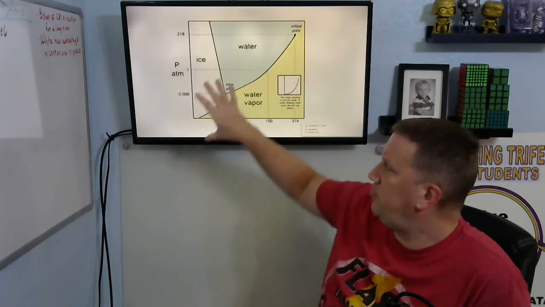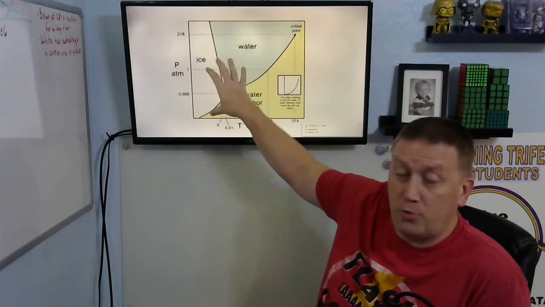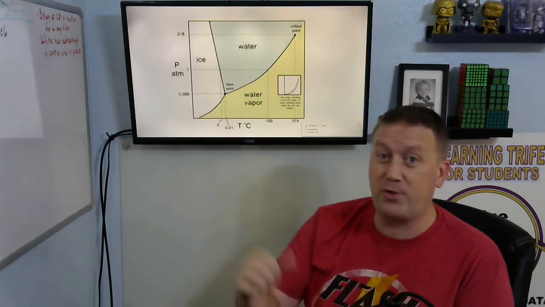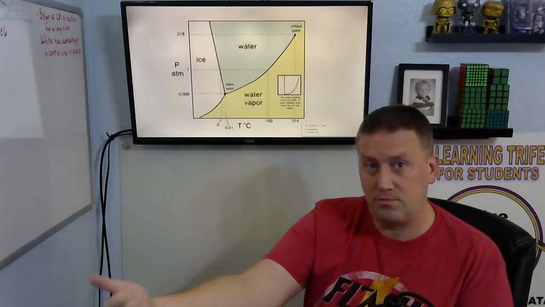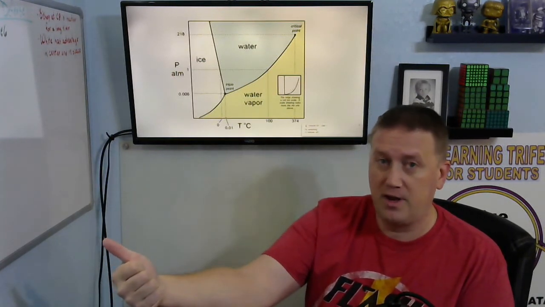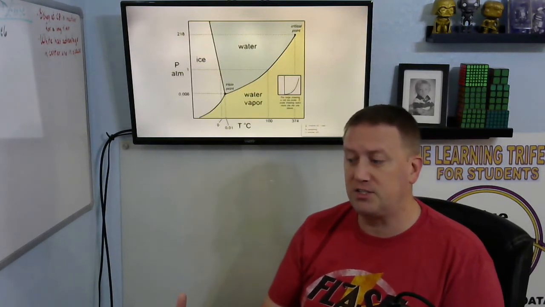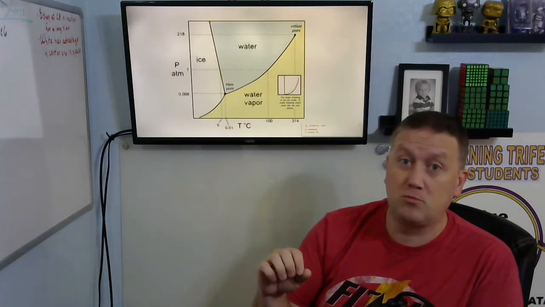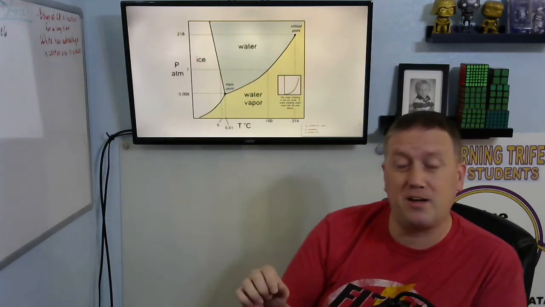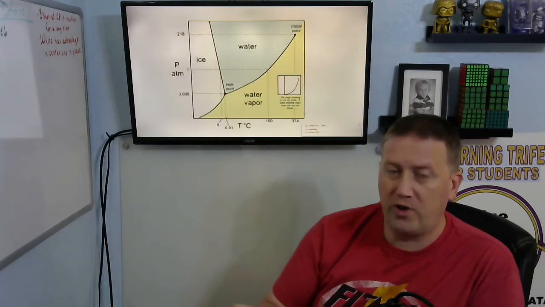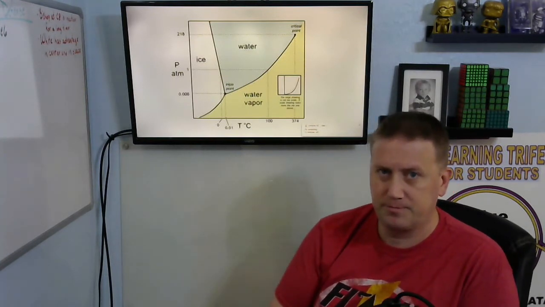So you'll be able to use a triple point diagram to figure out, okay, if the pressure is 1 atmosphere and the temperature is 100 degrees, then what phase of matter will that substance be in?